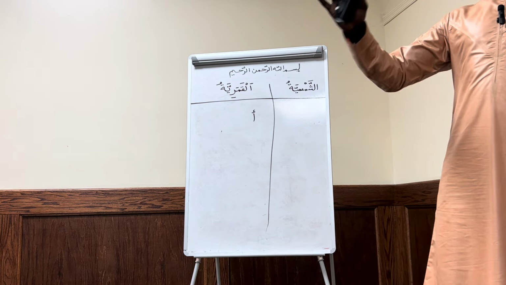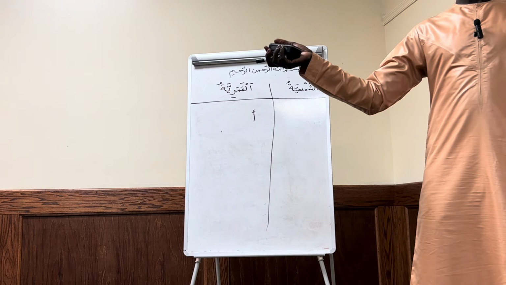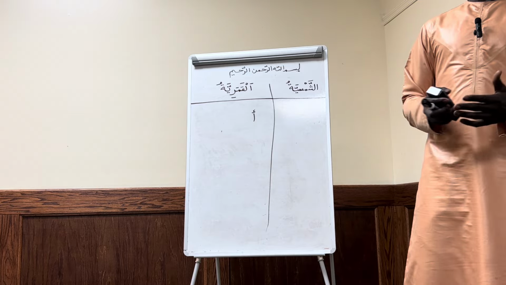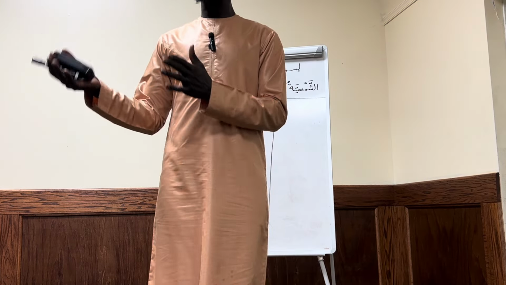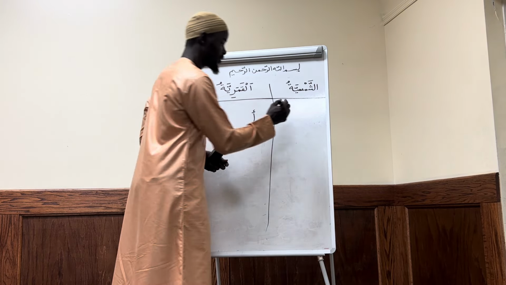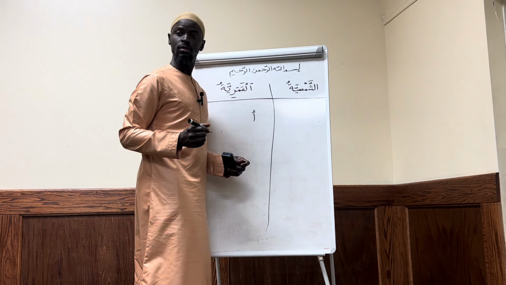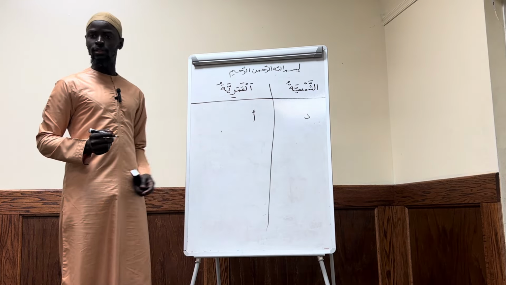Min ad-dahr. Let's say ad-dahr. Is it a sun letter or a moon letter? Sun letter. Why? Because you said adda. Hinun minad-dahr. So we have another sun letter, which is dal. So automatically dal is a sun letter.